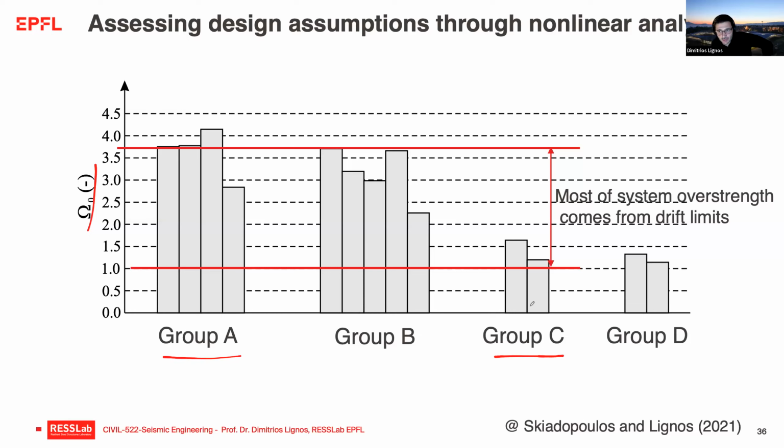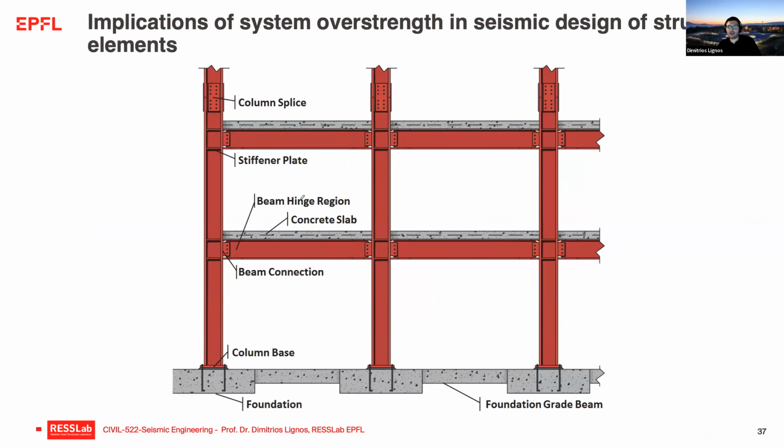Now, as you will find out in the coming weeks, this has several implications when I design structures. This is an example on steel structures, but the same applies to concrete structures as well.